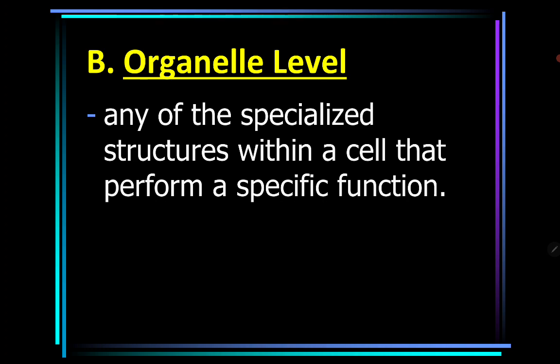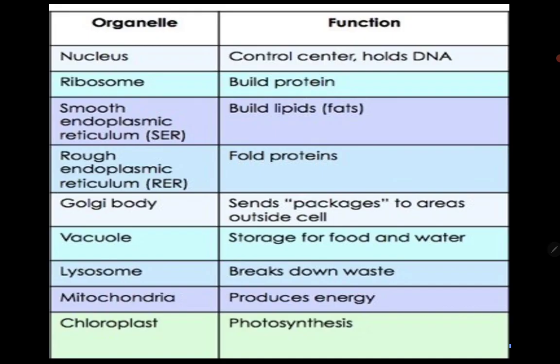Next, the organelle level. An organelle is any of the specialized structures within a cell that perform a specific function. I will not discuss this in great detail because this is already a topic from your general biology subject. So just an overview of these organelles. We have the nucleus, which is the control center that holds the DNA. The ribosome builds protein.